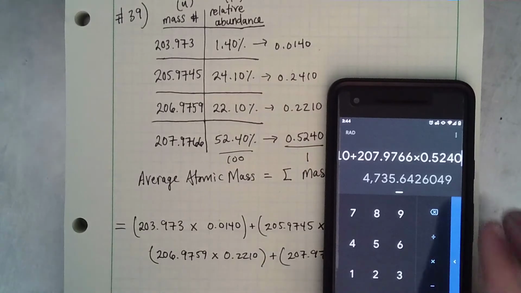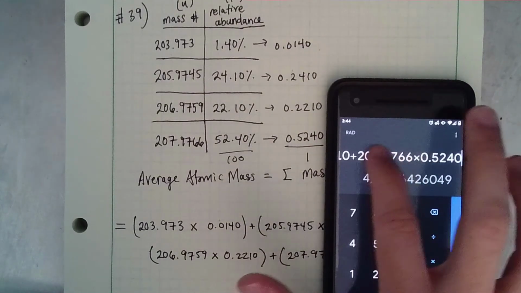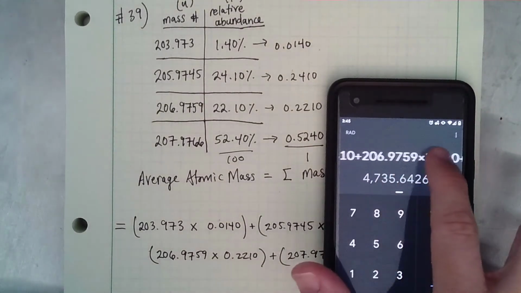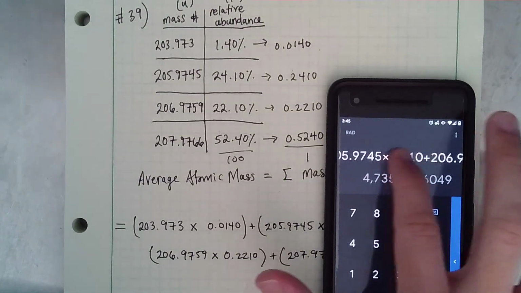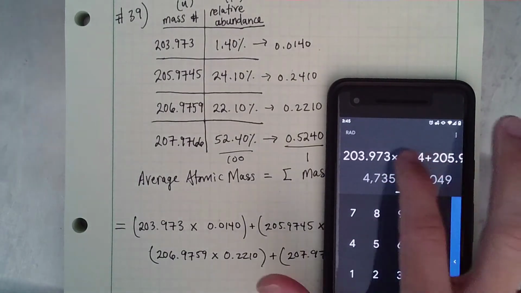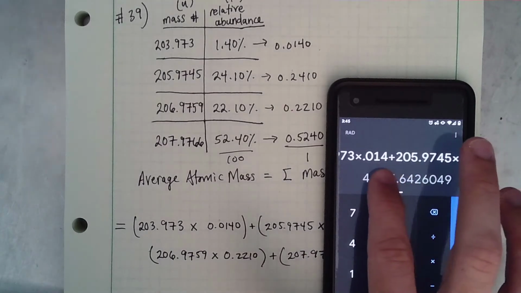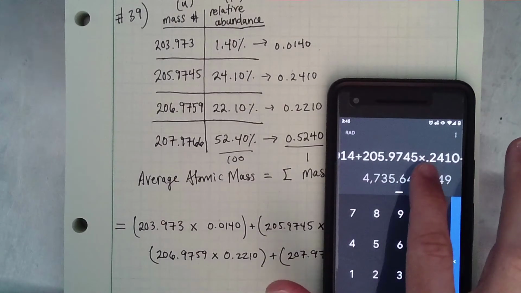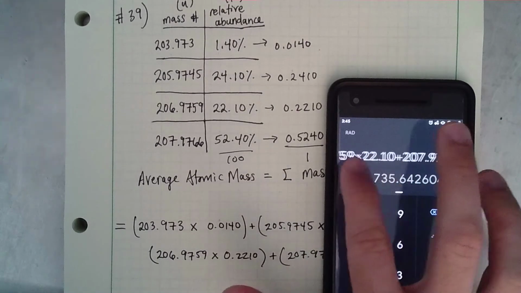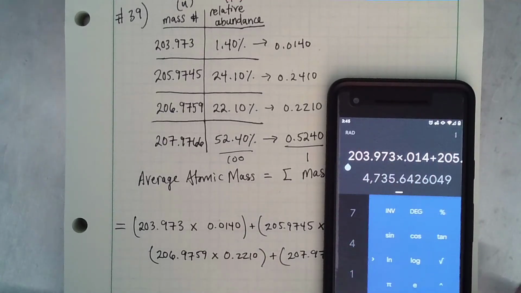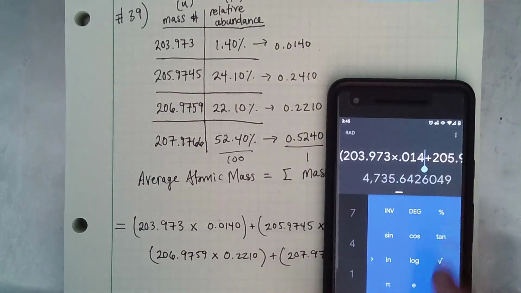Oh, look, and it appears as if I may have done some sort of math incorrectly. I'm going to go through and double check all the portions of my calculation here. Let's just go ahead and be safe and put the parentheses in for some extra caution.